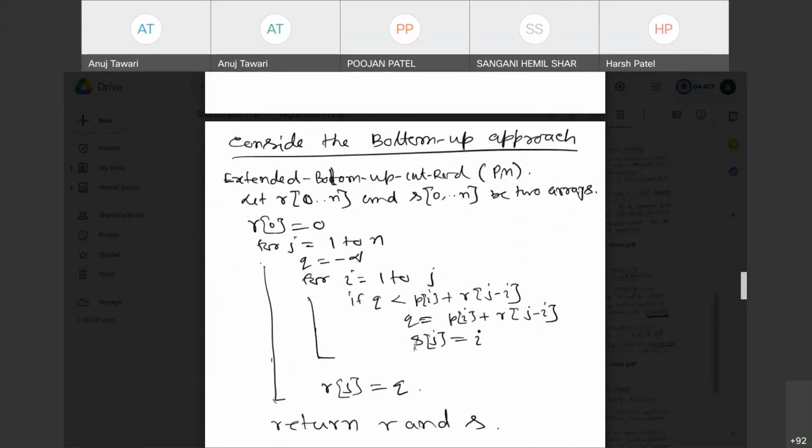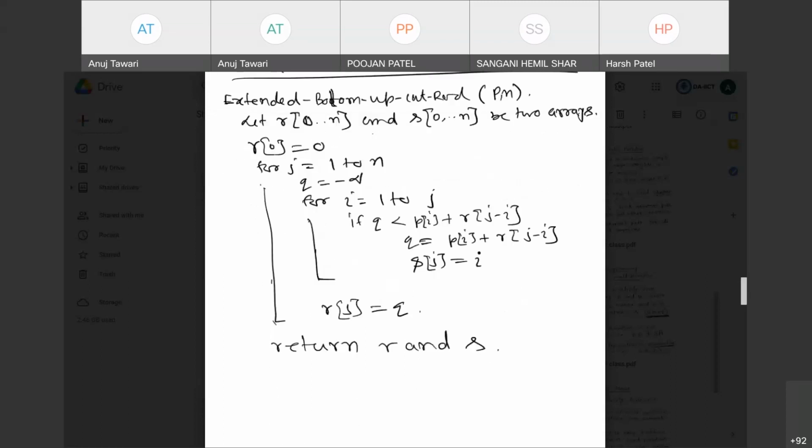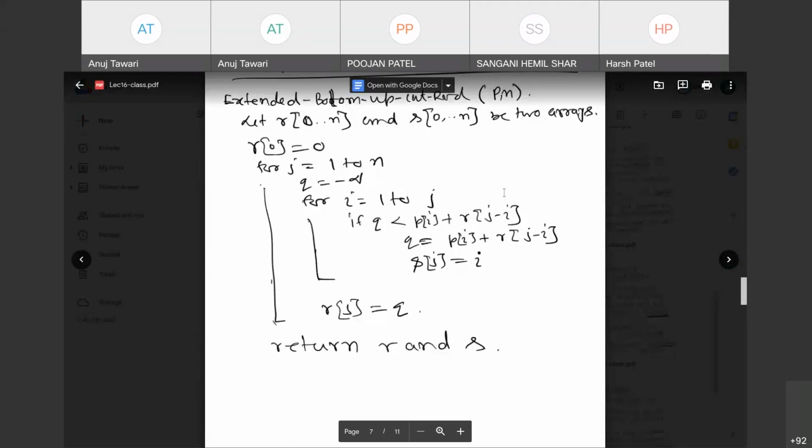You will remember s_j equal to i. So we store the first cut for any length rod in this new array. Then you just access this array, look at the first cut, then look at s_(j minus i). That's the point where you'll make the second cut, and so on. So you can easily modify this to return the exact solution as well.